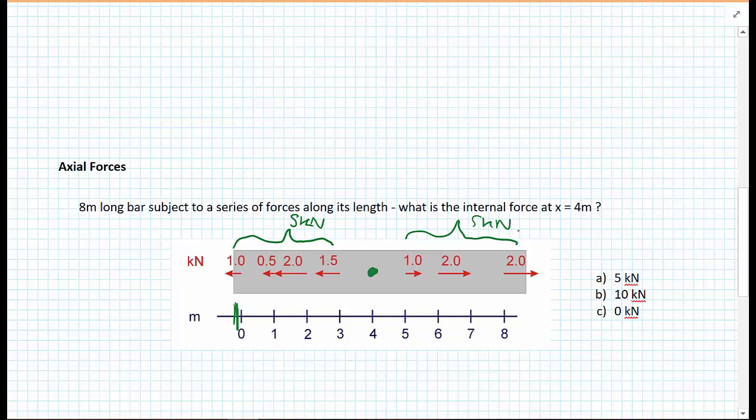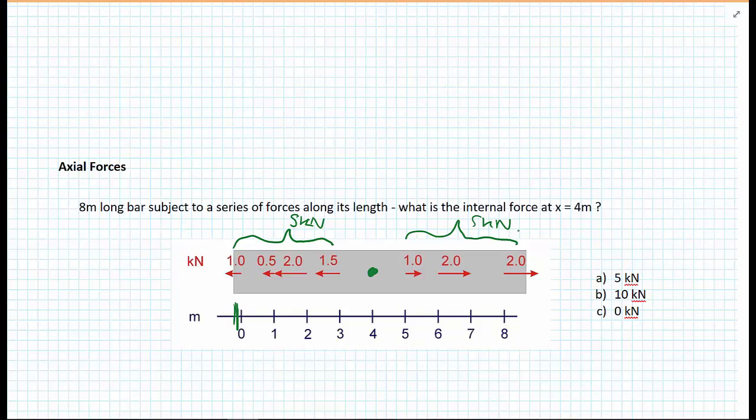So at the point in the middle at 4 meters, we want to know what is the internal force. And there are three potential answers that we might think of. Because we have 5 kilonewtons applied at either side, we might think the internal force is 5 kilonewtons. We might think we have 5 kilonewtons pulling one way, 5 kilonewtons pulling the other, so the total force could be 10 kilonewtons. Or because we have 5 kilonewtons and 5 kilonewtons, the piece of material is in equilibrium and therefore the internal force is 0.